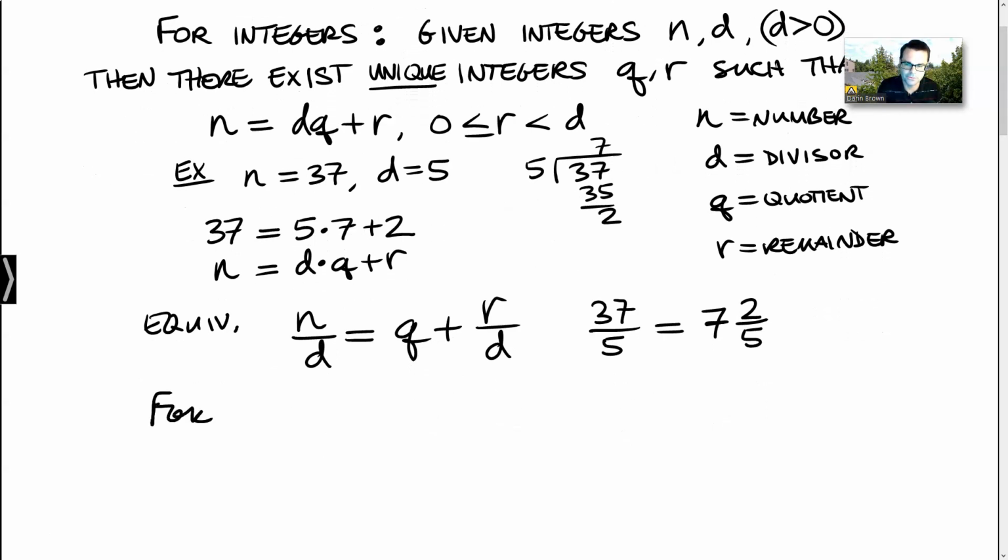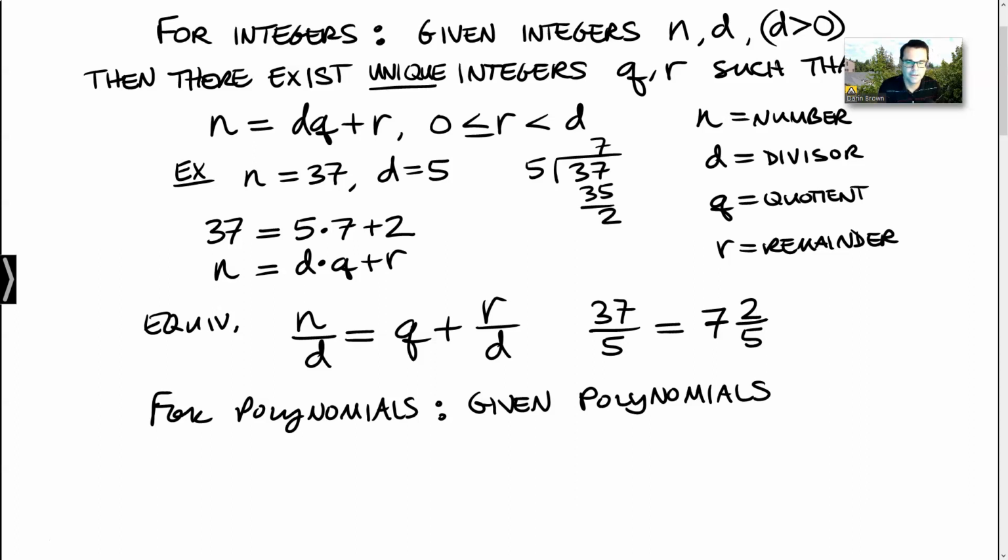So for polynomials, it's going to say given polynomials, why don't I call them p of x and d of x, where d of x, now you might think, okay, we need d of x to not be 0.